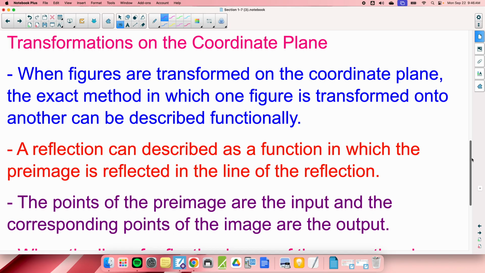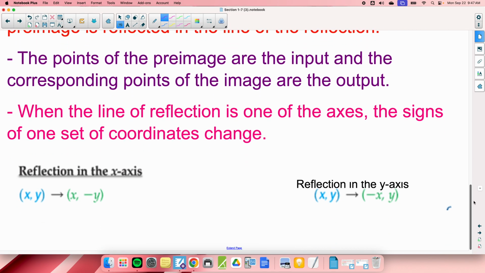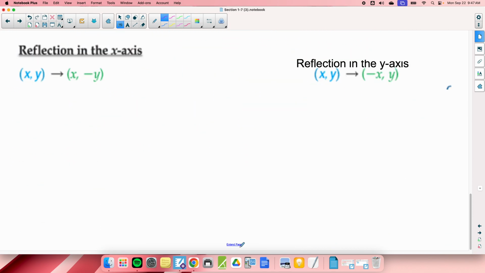So today, we are going to take down some notes on reflections, translations, and rotations. What I'm going to have you do is add them somewhere on that cheat sheet so that you only have that one.